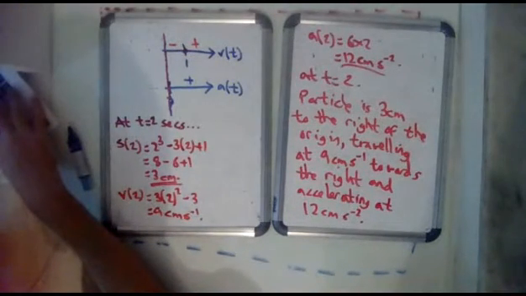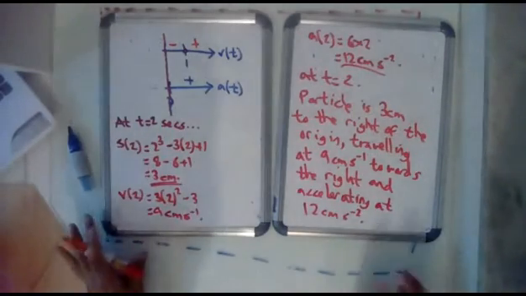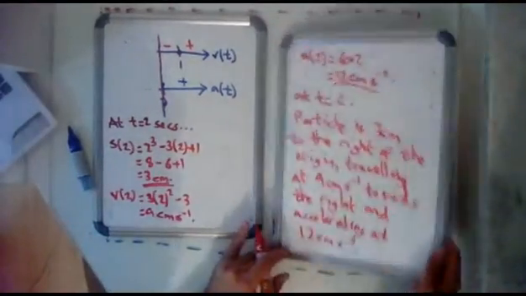Right, part D is asking us to find the position of the particle when changes in direction occur. So I've actually already spoken about that. Perhaps if I just move this one to one side.